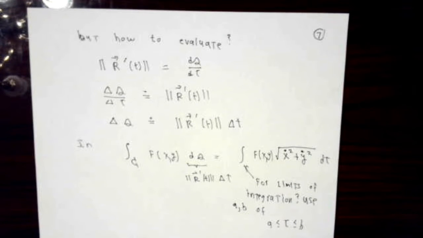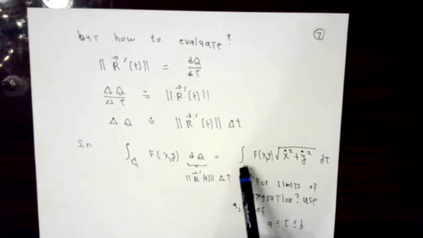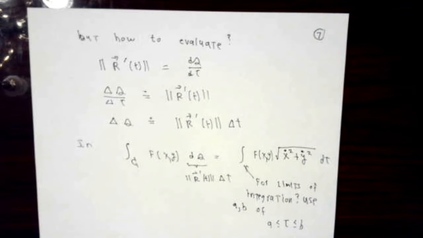That's the differential of arc length, and we will be multiplying by mass density. The limits of integration on this integral are going to be the smallest and biggest t values that are relevant to us. If the curve is smooth, we can just do it this way. If it's piecewise smooth, we would have to chop it up into several smooth chunks.